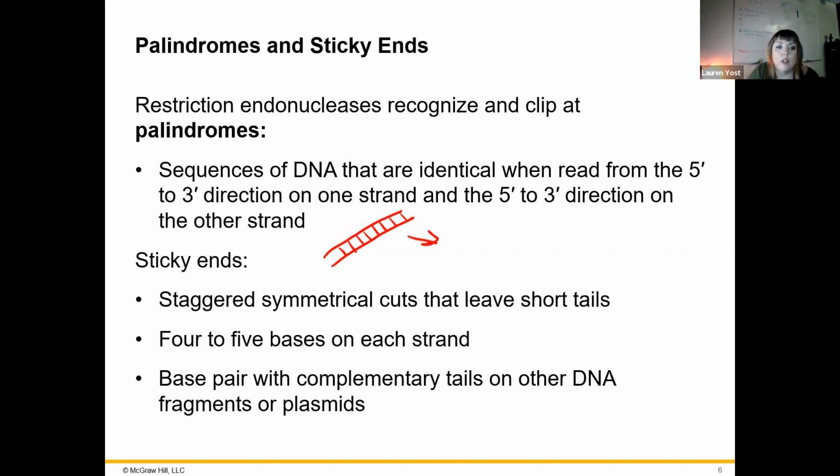Well, what restriction enzymes do is they will see, again, it won't be race car, it'll be like A, T, C, C, T, A, and recognize that and cut it in a way that will give it a sticky end.